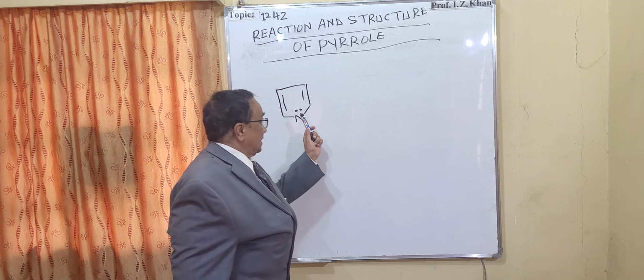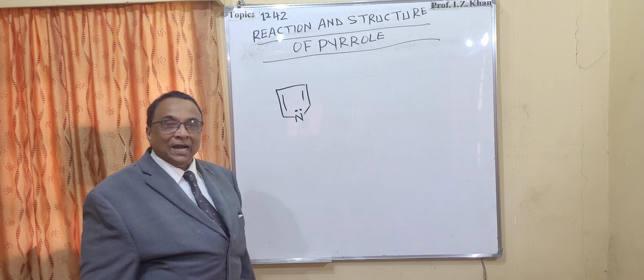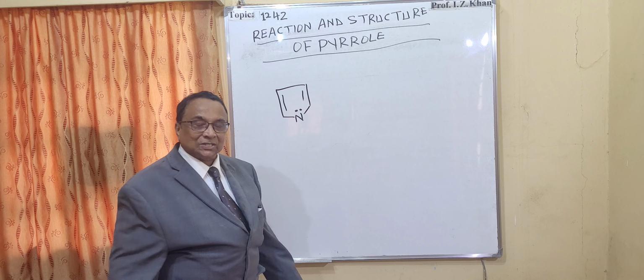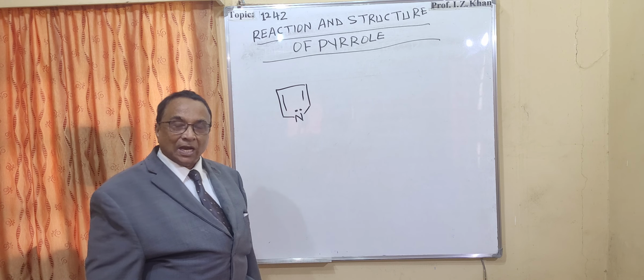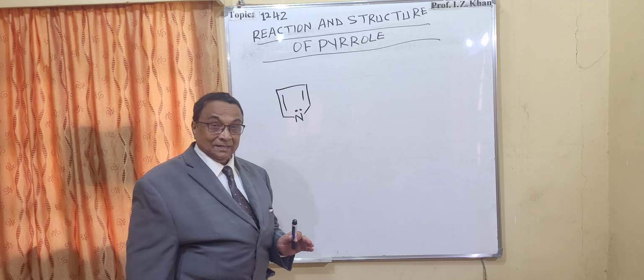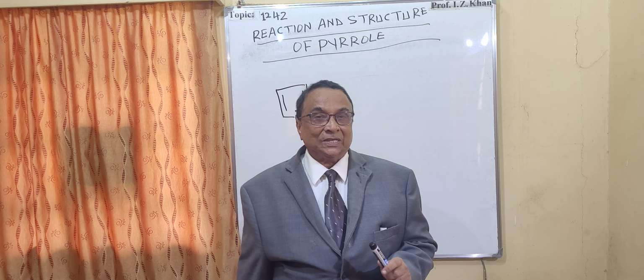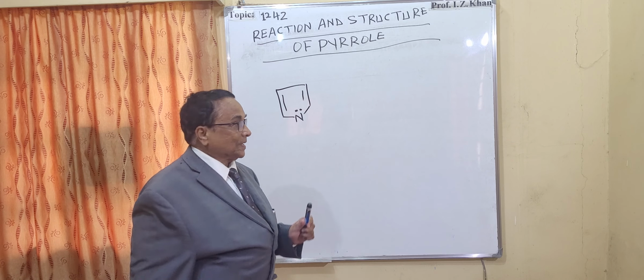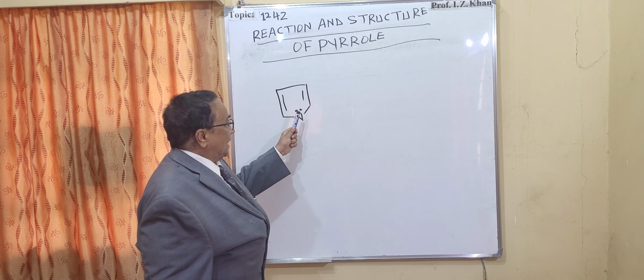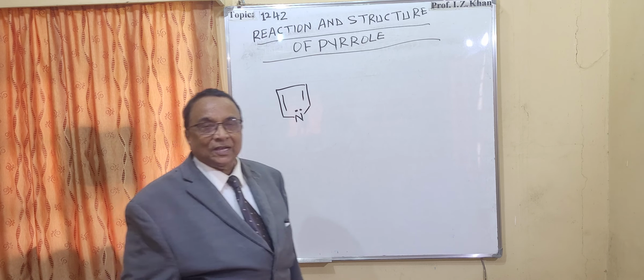So these two electrons are easily available to combine with any alkali like potassium hydroxide, and the potassium salt will be formed. So it has acidic behavior or acidic character because of the easy availability of the electrons on this nitrogen, and this one is a very weak base.